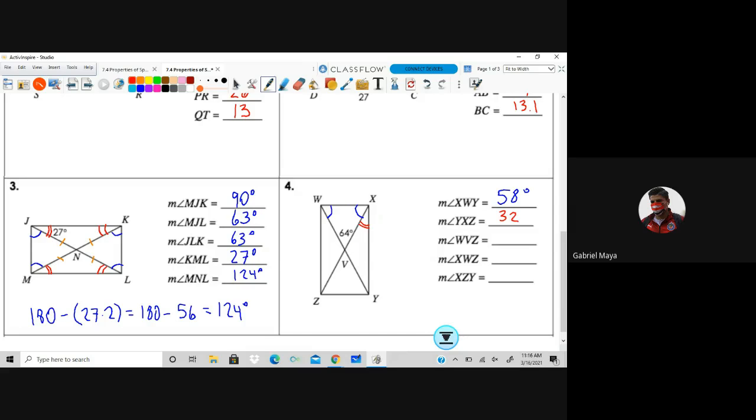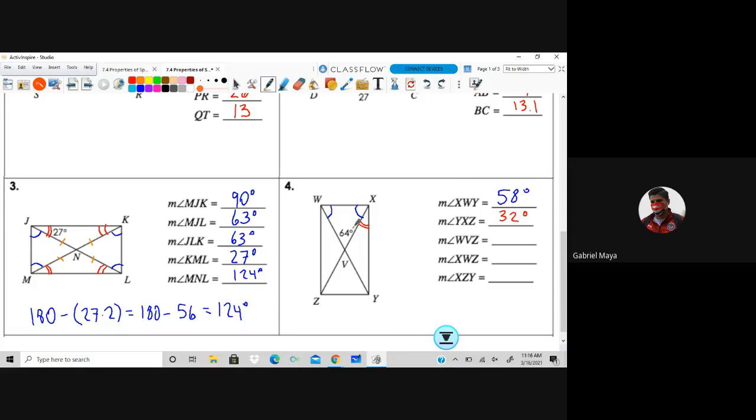What else can we do? Let's put the degrees on here. So what about, let's say, WVZ? Where's WVZ? Right here. What about this one? Let's use red.